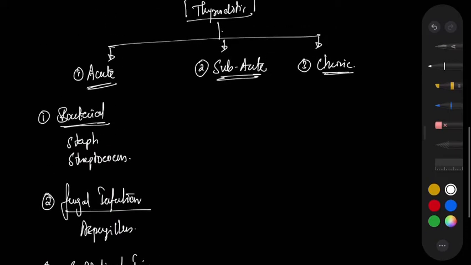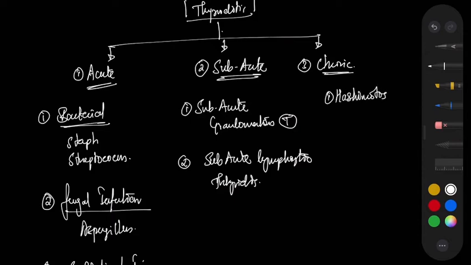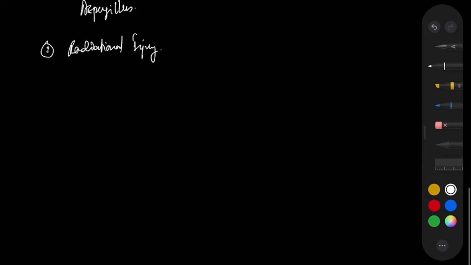Now coming to subacute, it could be your subacute granulomatous thyroiditis or subacute lymphocytic thyroiditis. Now, in chronic, there's your Hashimoto's thyroiditis. Now, Hashimoto's is an important topic and we'll be discussing it further.